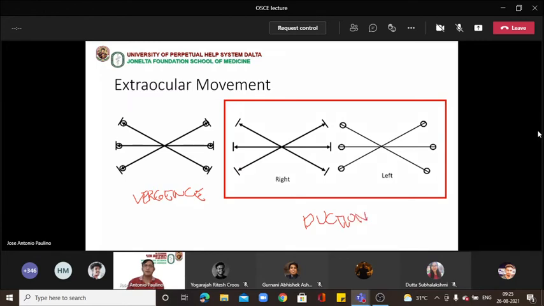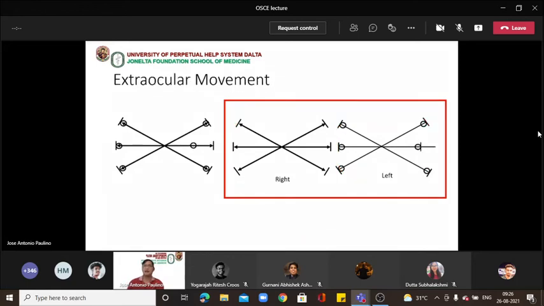When we do this, if you notice, there is an arrowhead and a circle. The arrowhead denotes the right eye. The circle denotes the left eye. The bars at the end tell us that it reached the maximum movement. If the patient has a problem in the movement when we do the Version test, it is necessary for us to do the Duction test, 1 eye at a time.